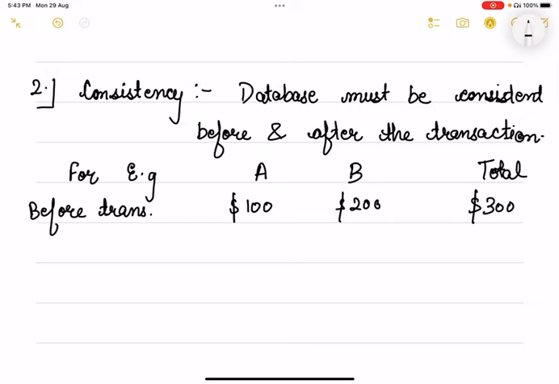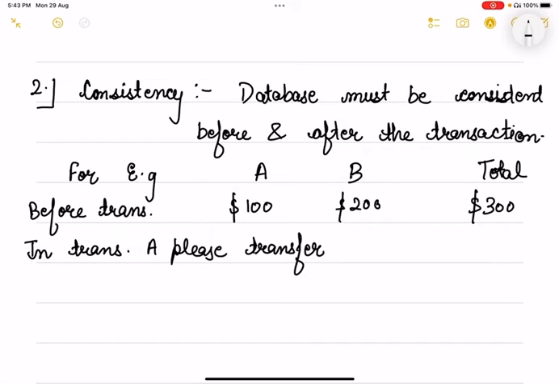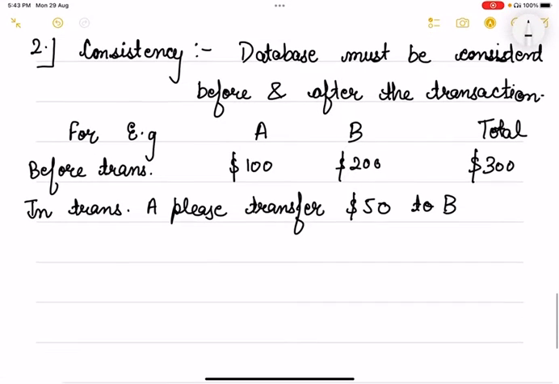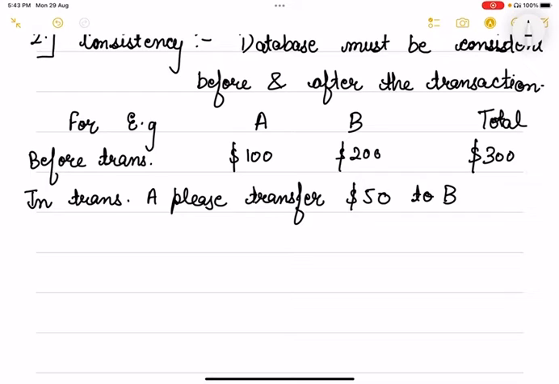Now what is the transaction? In the transaction we are saying A, please transfer $50 to B. This is our transaction. Now we know that a transaction should be atomic. We should follow atomicity.